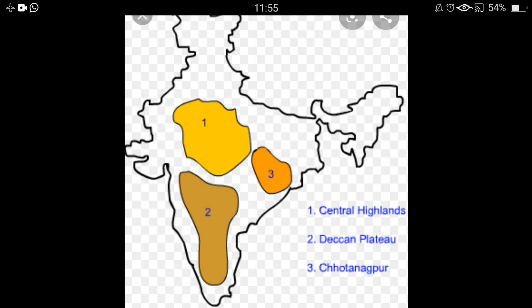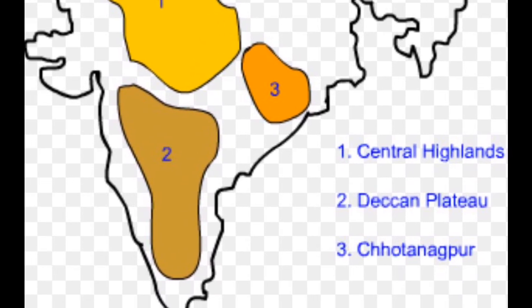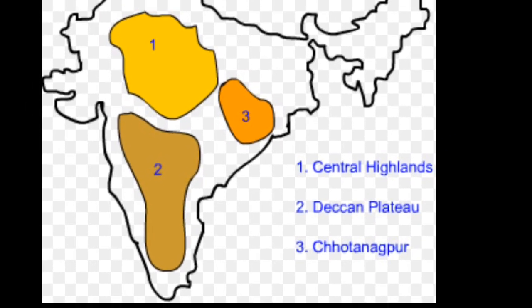Now, the Peninsular Plateau can be divided into 3 parts: the Central Highlands, the Deccan Plateau and the Chota Nagpur Plateau.